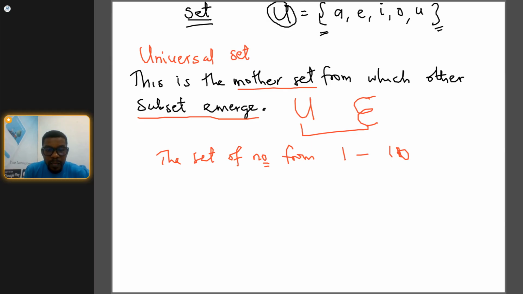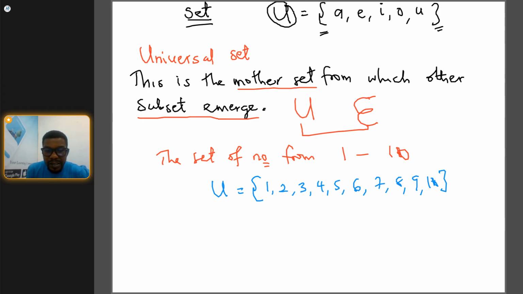If I am going to write this, I'll use the symbol: universal set equals 1, 2, 3, 4, 5, 6, 7, 8, 9, then 10. So this is a universal set.